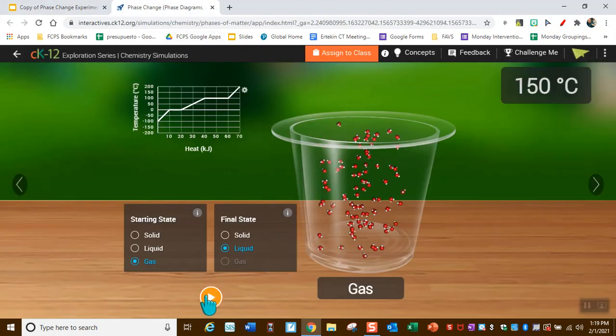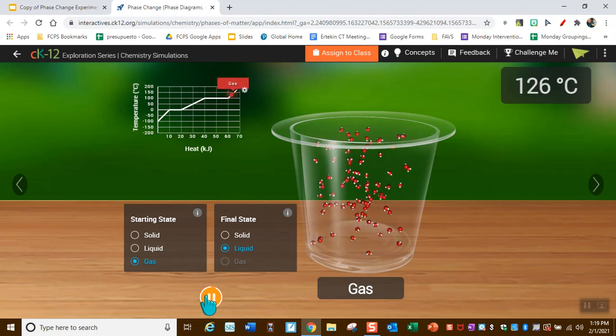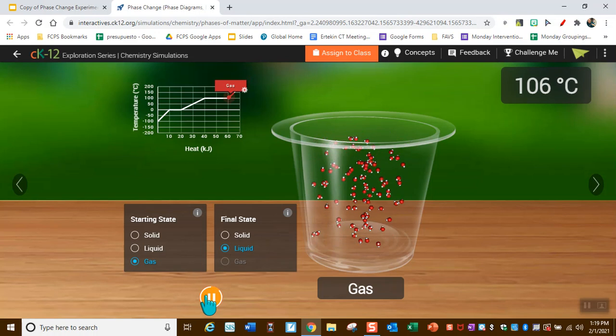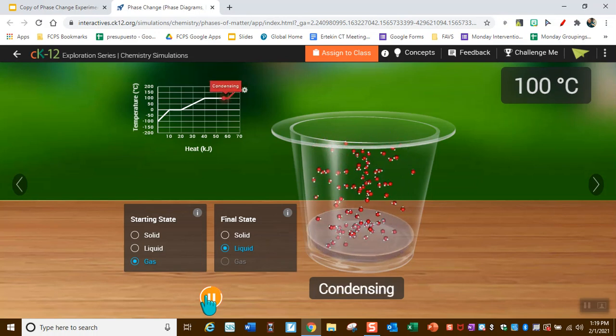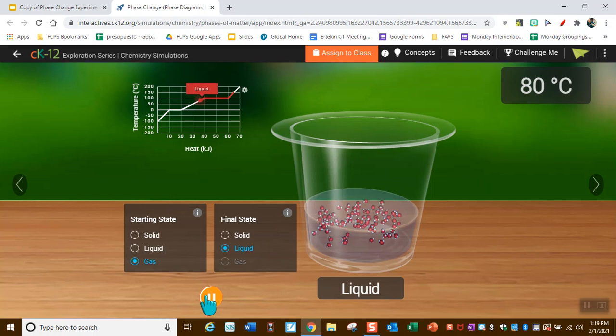So let's click on play. So now we're going backwards in the graph. Ahora estamos yendo al revés en el gráfico, ¿verdad? Okay. It definitely changed, right?